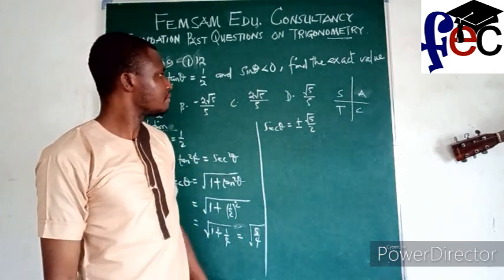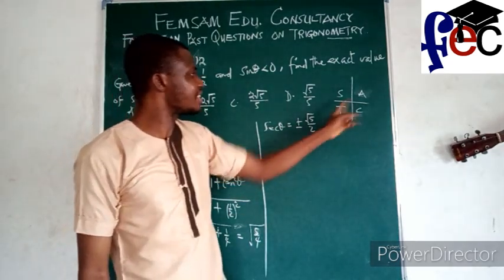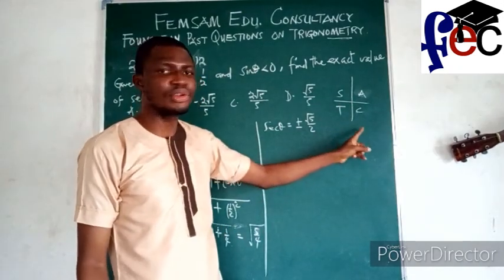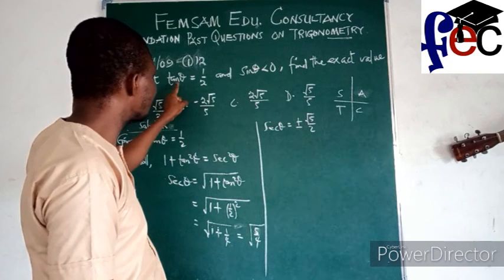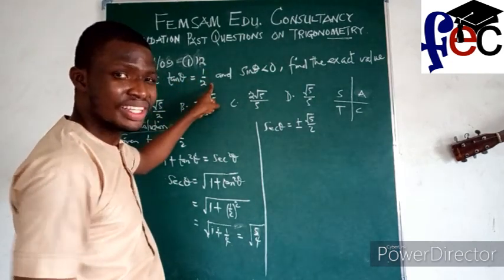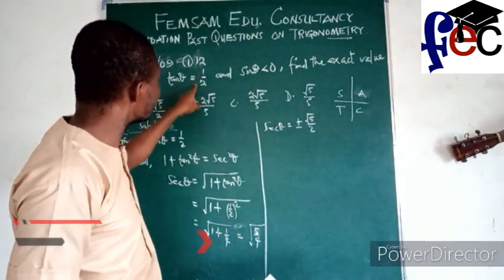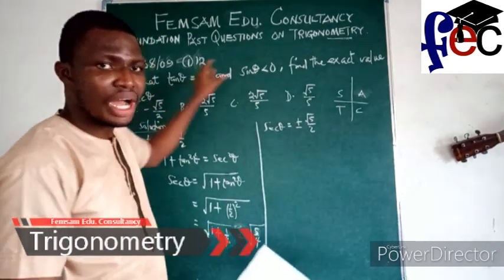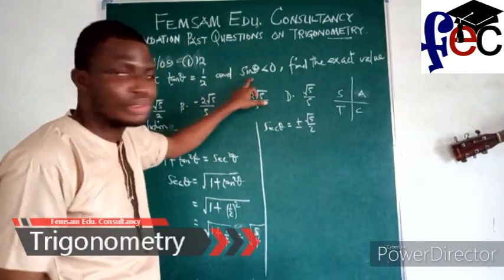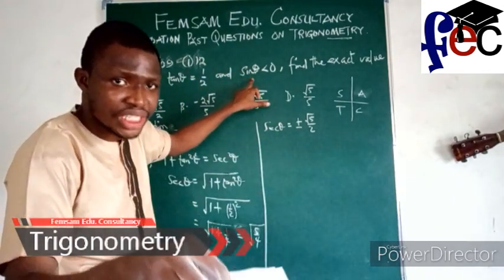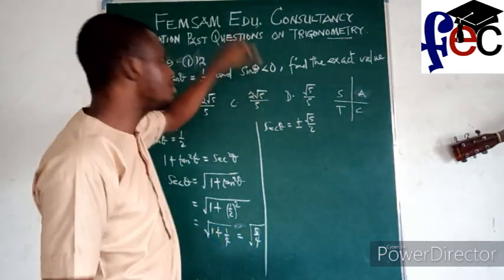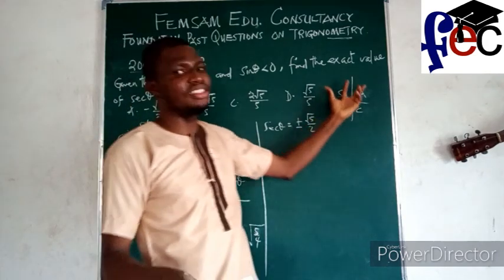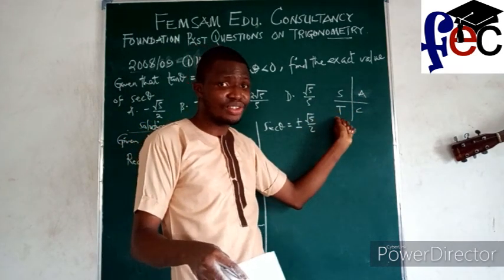So how will I know whether theta lies in the third or fourth quadrant? I will now use the other information. Tan theta is 1/2, which is positive. So I will have to combine these two pieces of information, which means in which quadrant is tangent positive and sine of the angle negative. As you can see, it's only in the third quadrant.